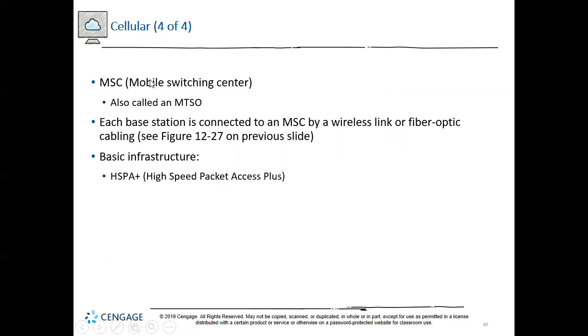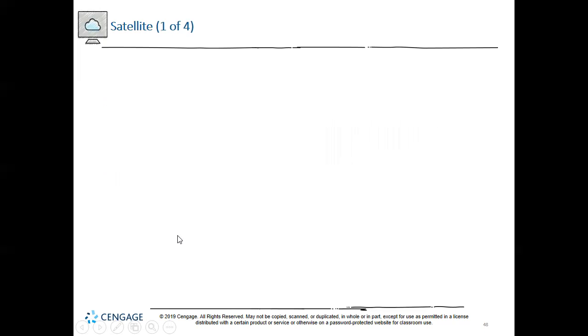Okay, so the mobile switching center is going to have high-speed access plus 3G technology. You've seen LTE, long-term evolution, I'm sure. I see that's sort of faster than our standard 3G.